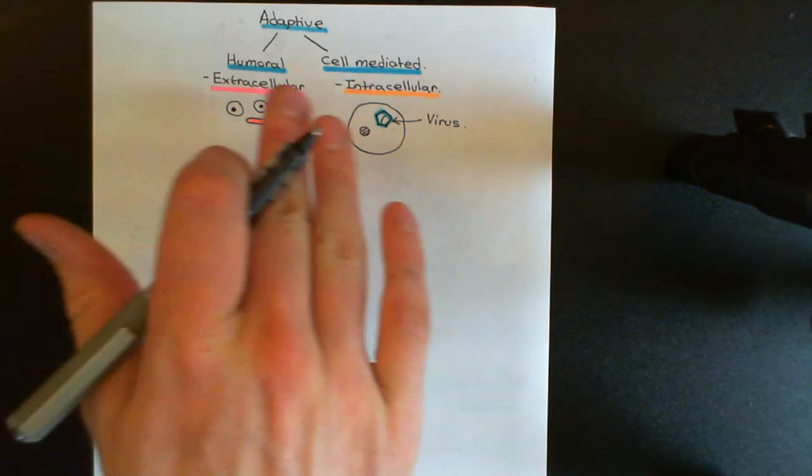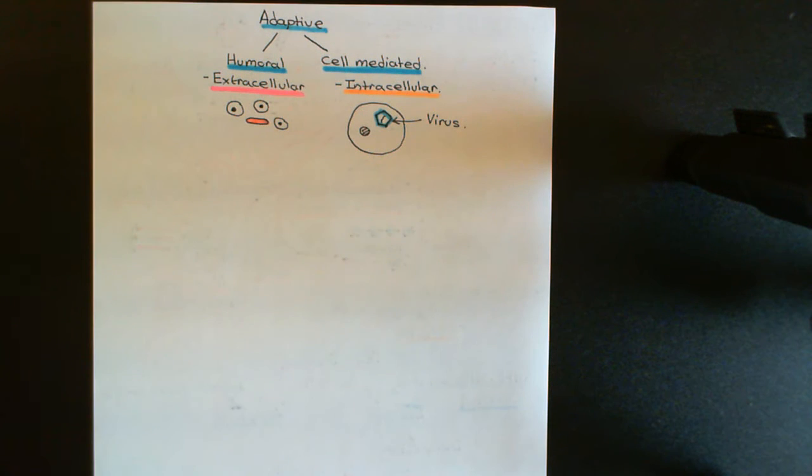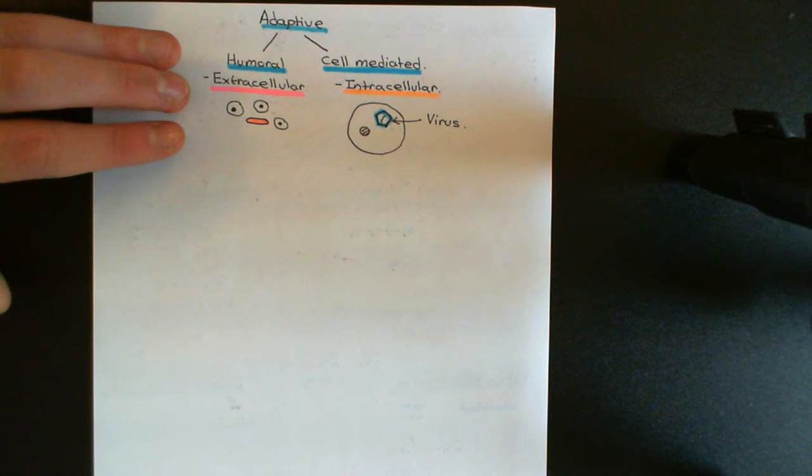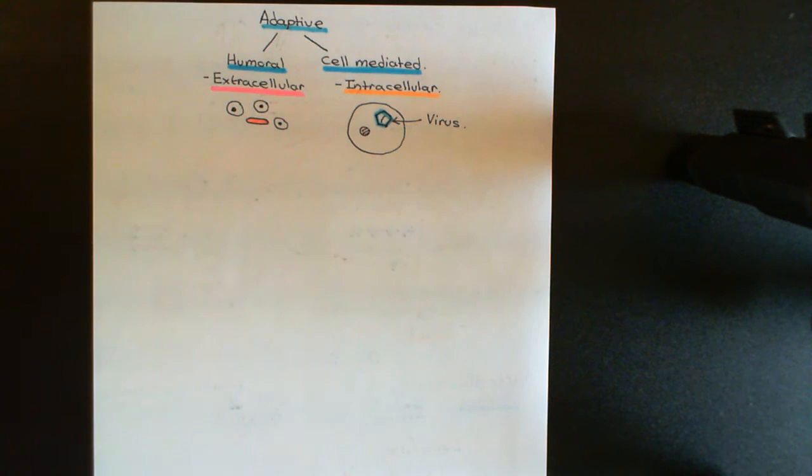So we can divide pathogens into extracellular pathogens and intracellular pathogens, and the adaptive immune response to these two different types of pathogens is going to be different. So we're going to have the humoral adaptive immune response for extracellular pathogens and the cell-mediated adaptive immune response for intracellular pathogens.